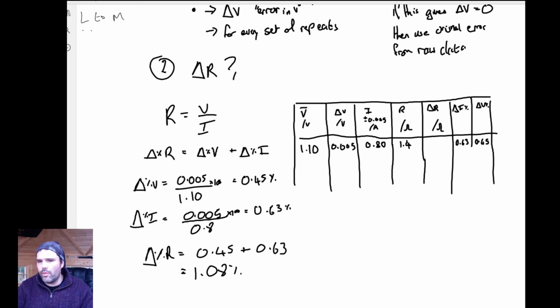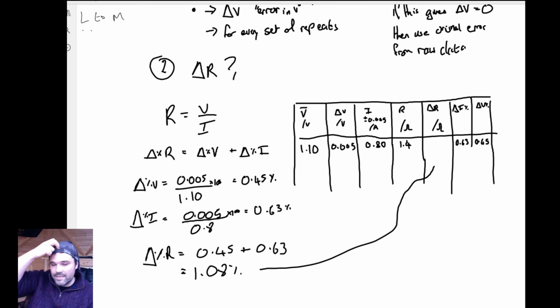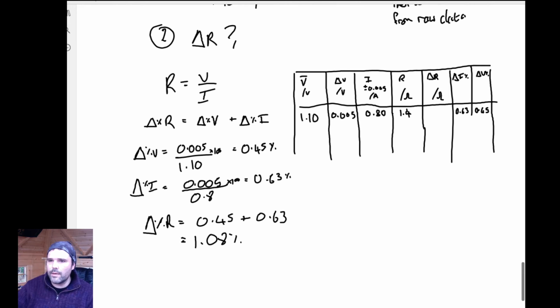Now I don't want to put that in there because I don't need it in a percentage, I want it in ohms. So I've got to go back to my original value, which was 1.4. So get the absolute error. So I want 1.08% of my 1.4 up there.